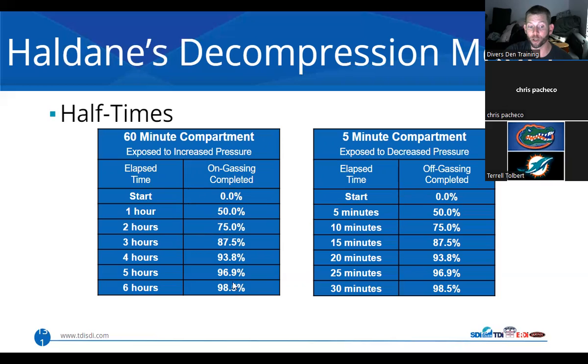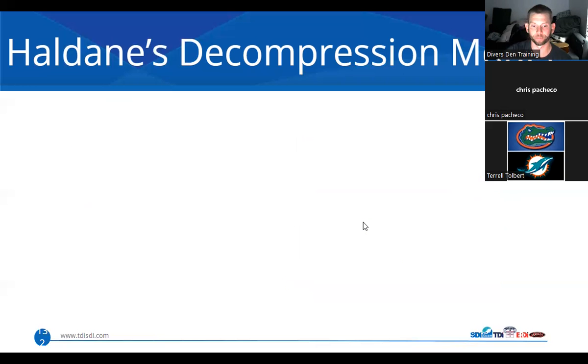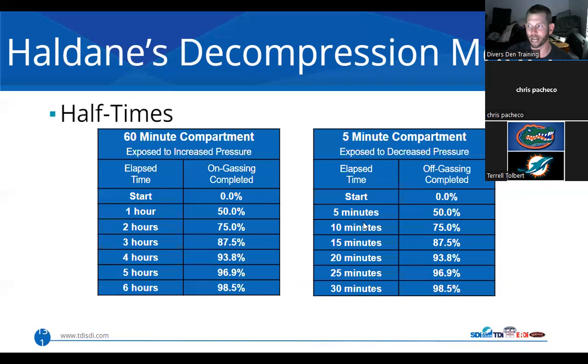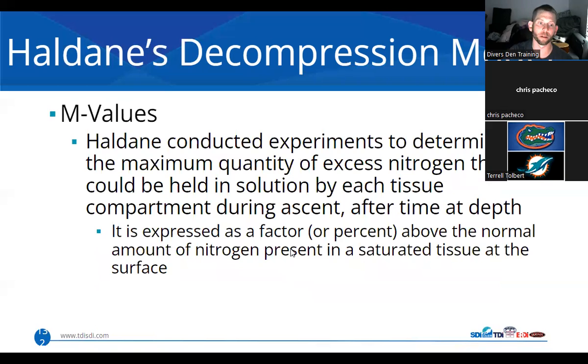Your softer tissues usually have a faster on and off gassing rate, and your harder tissues have a longer off and on gassing rate. Your limiting tissues for shorter times at deeper depths are your shorter tissues, and for longer times at shallower depths they are your longer tissues, because those take a long time to off gas. We'll talk about that more in depth later.